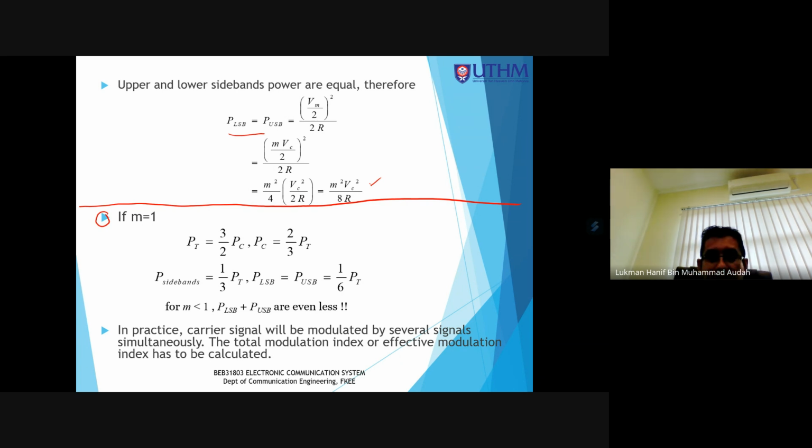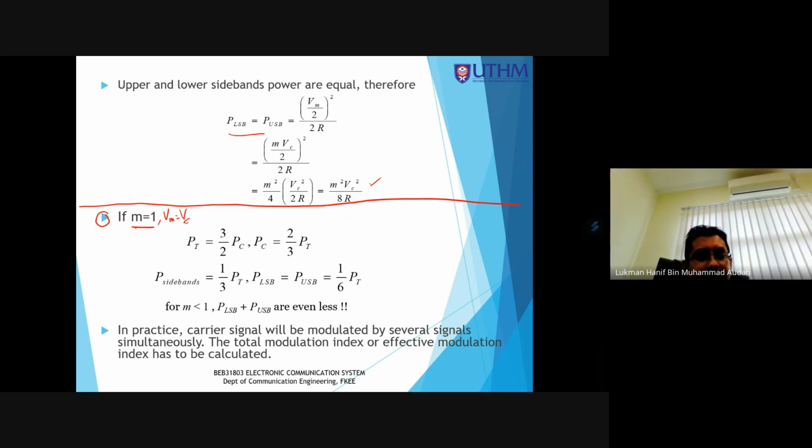Now we want to see how the double sideband full carrier wastes power. We have to look from the ideal perspective. The ideal scenario is M equal to 1, where VM is equal to VC.